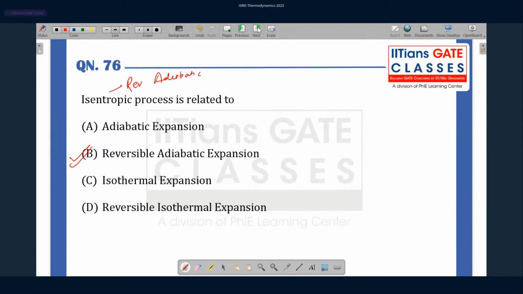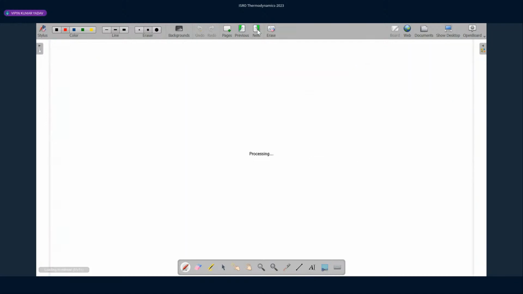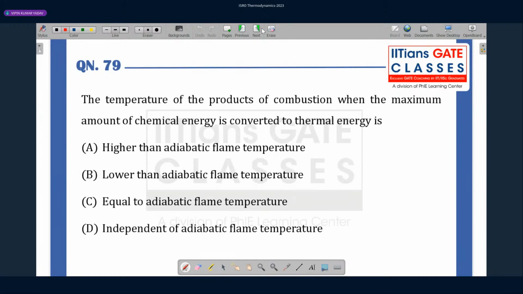Now next is the temperature of products of combustion when the maximum amount of chemical energy is converted to thermal energy. The options are higher than adiabatic flame temperature, lower than, equal to, or independent.